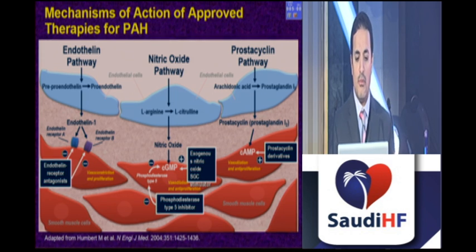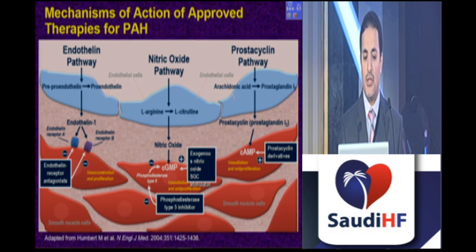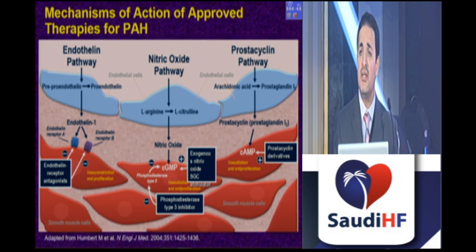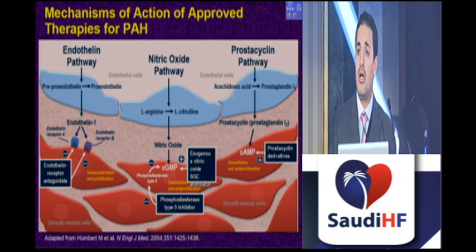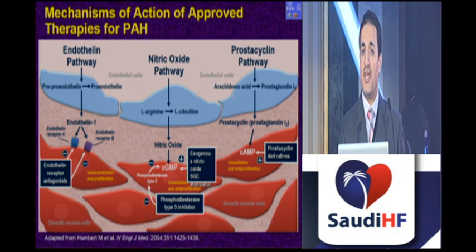There are specifically 3 established pathways and 4 established classes of medications in the management of pulmonary hypertension. There is the endothelin pathway, and for that we use endothelin receptor antagonists, whether they block receptor A only or receptor A and B. There is the nitric oxide pathway, where phosphodiesterase inhibitors work to prevent the degradation of cyclic GMP, or where soluble guanylate cyclase stimulators work to increase the production of cyclic GMP.